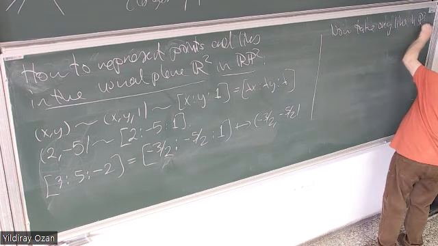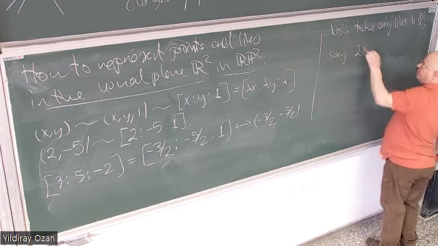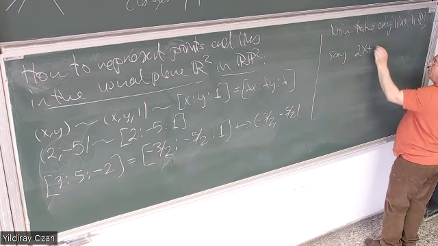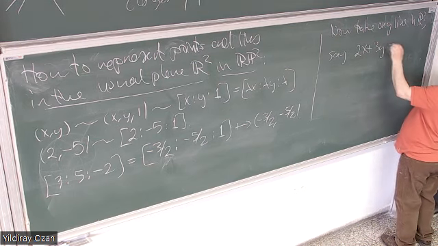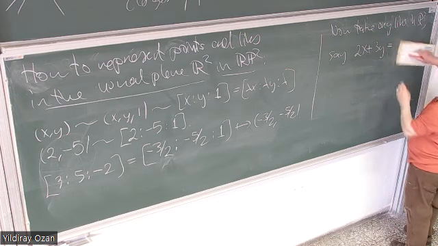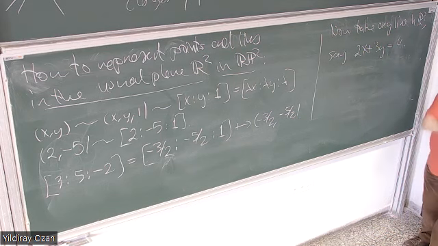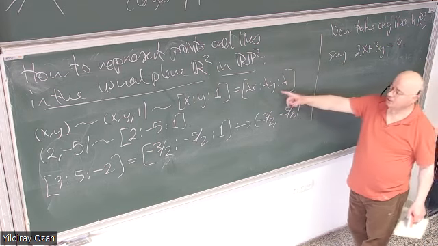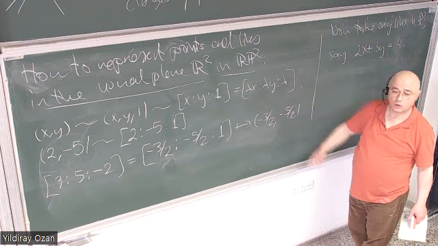Say 2x artı 3y eşittir 4 olsun. Ne yapacağız? Noktayı nasıl projektif hale getiriyorduk?